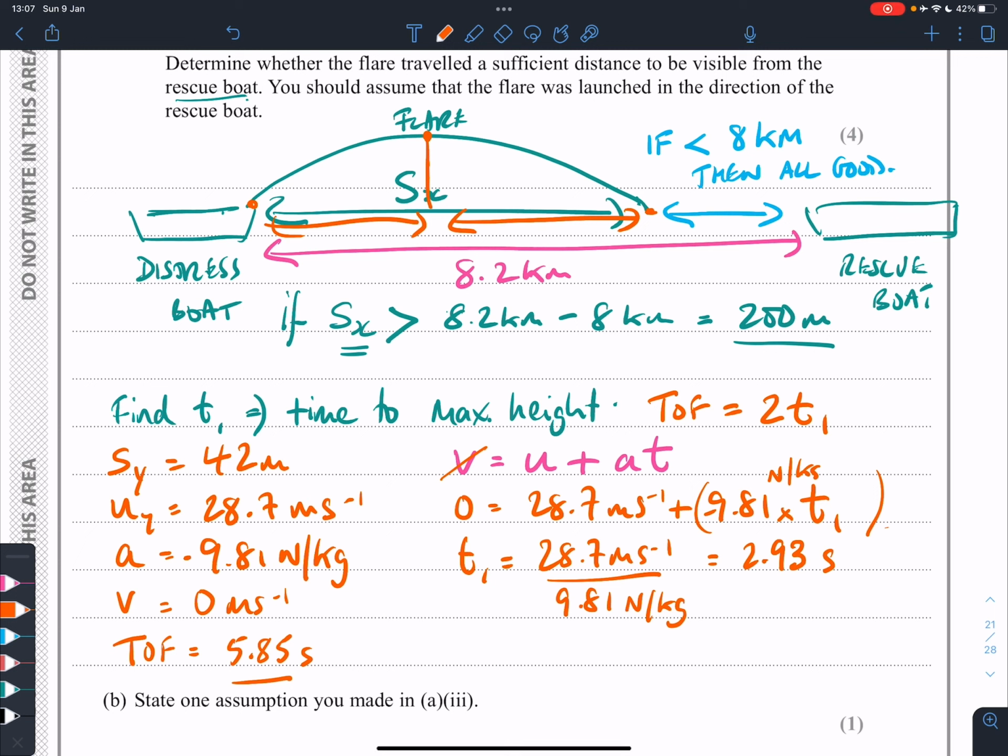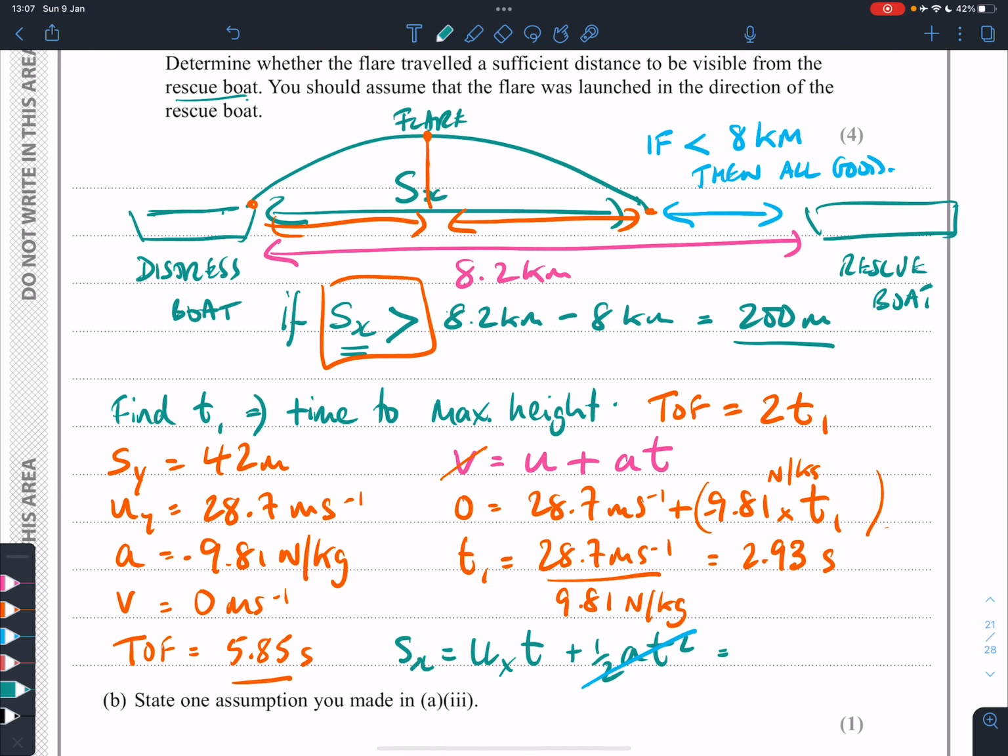And we now need to find the horizontal distance. But luckily, this is very easy, because the horizontal distance is equal to the horizontal velocity times the time. Now you can say ut plus half at squared, we can write that in if we want to, but of course the half at squared all disappears, seeing as there's no horizontal acceleration.